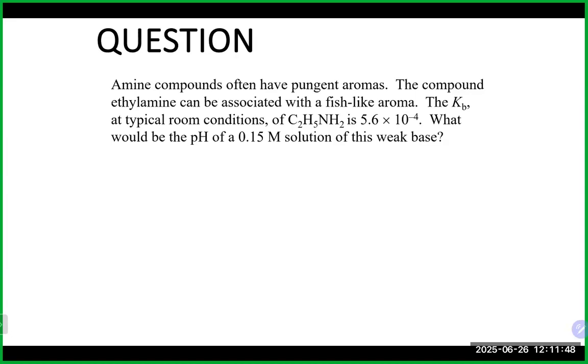If you have a Kb, it's definitely a weak base. Also, in terms of the acids, knowing those six strong acids, you can eliminate and know which one would be a weak acid if it's not one of those six. In terms of strong bases, if it's not somebody from group 1 or group 2 on the periodic table that actually has hydroxide OH in the formula, it's probably going to be a weak base. So that's a good way to do it.